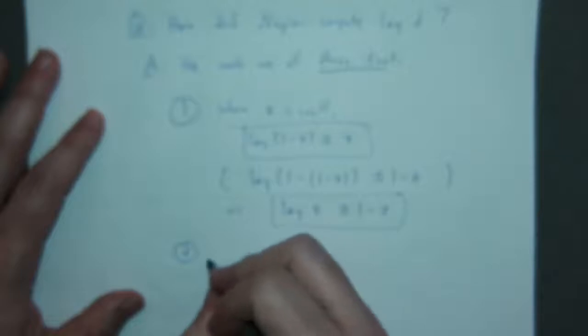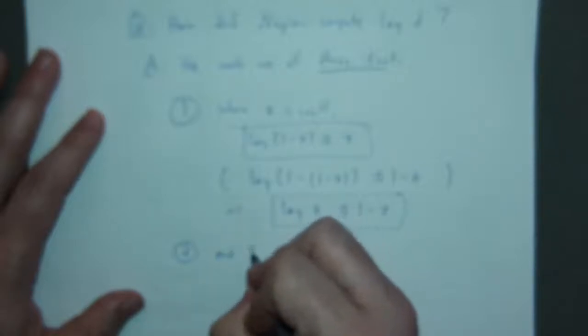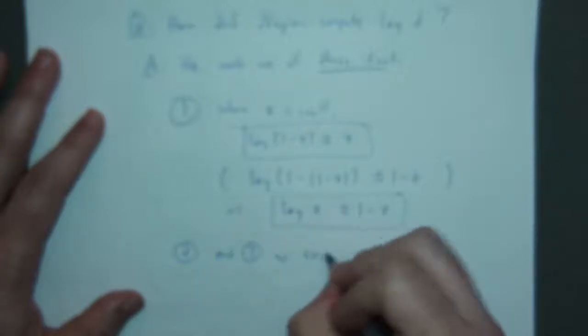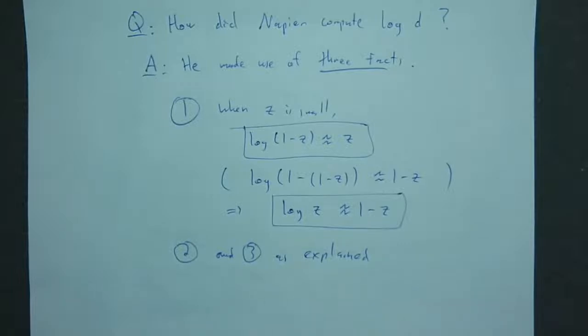Two and three are explained right in the book. So how can I use these three facts to compute logs?